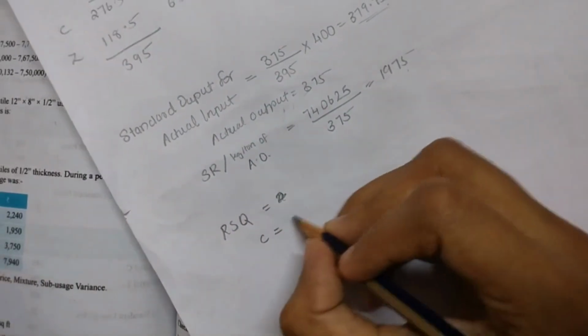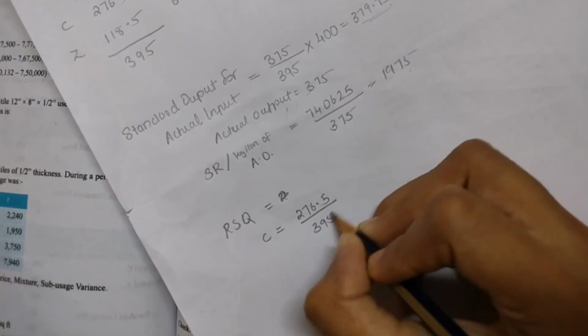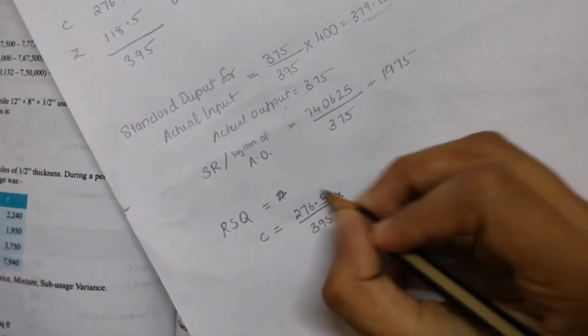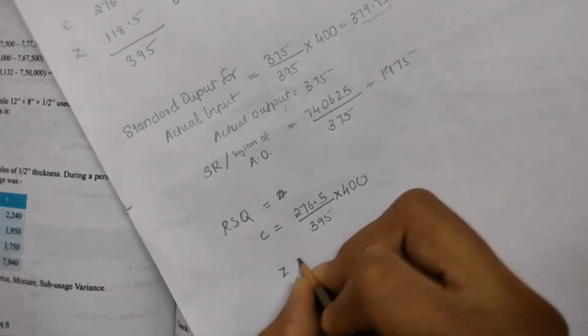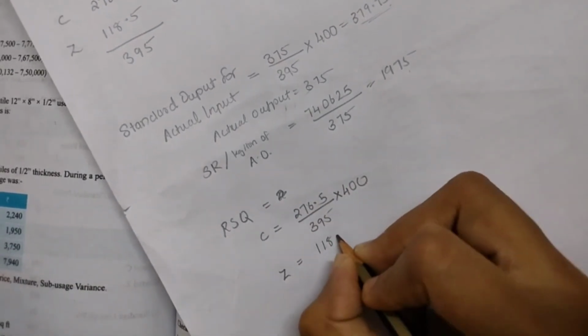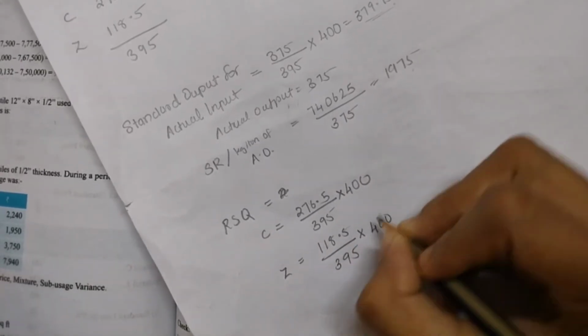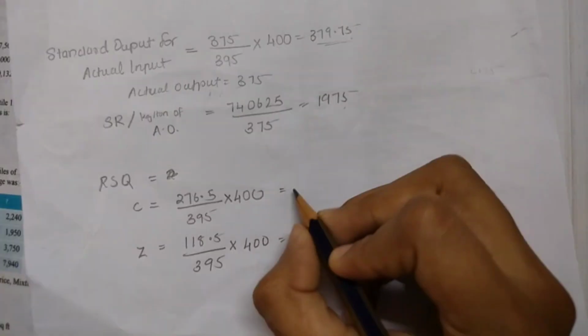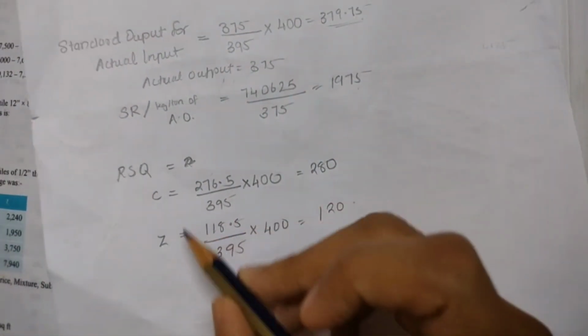In case of copper, 276.5 divided by 395, into 400. We are going to divide this 400 in the ratio of standard. And in case of zinc, 180.5 divided by 395 into 400 you have to do. See what we are going to get? 20. Okay, so this is the RSQ of copper and zinc.